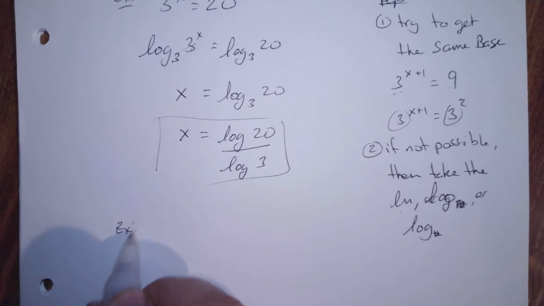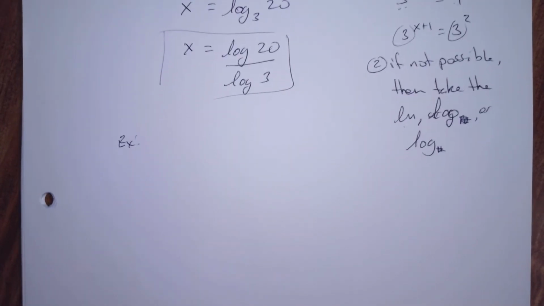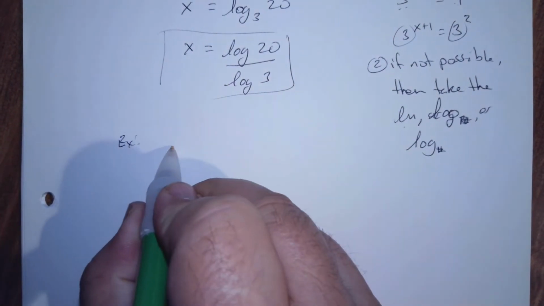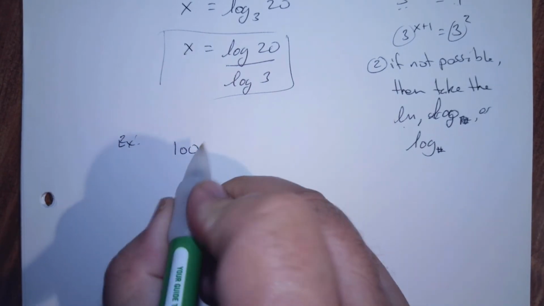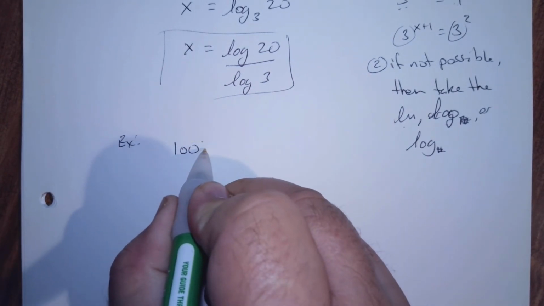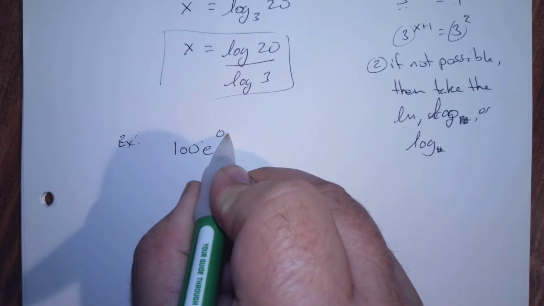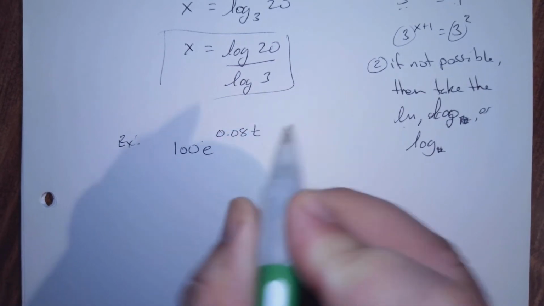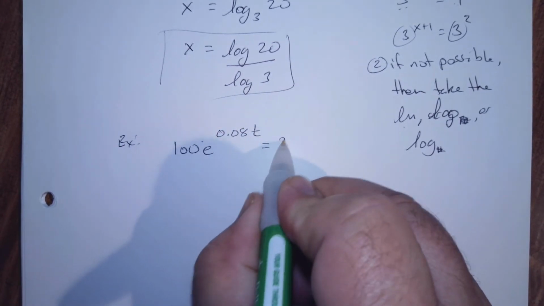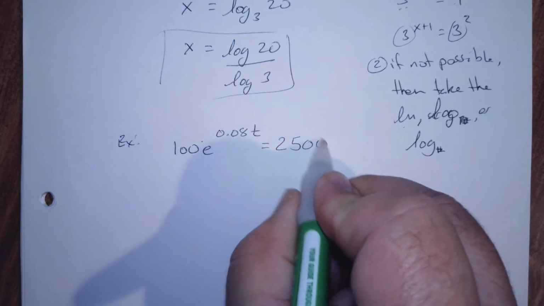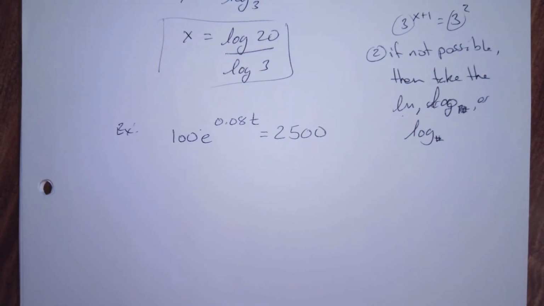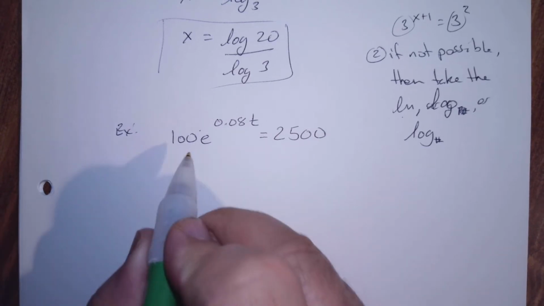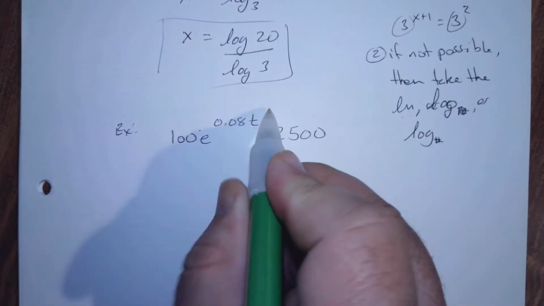Another example, let's look at one where we have a base e number: 100 e to the power 0.08t. This is an example in biology, like decay or rot of things. We're trying to get to t, because that's the variable.